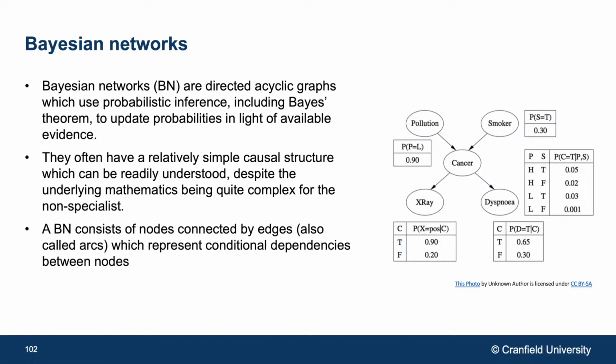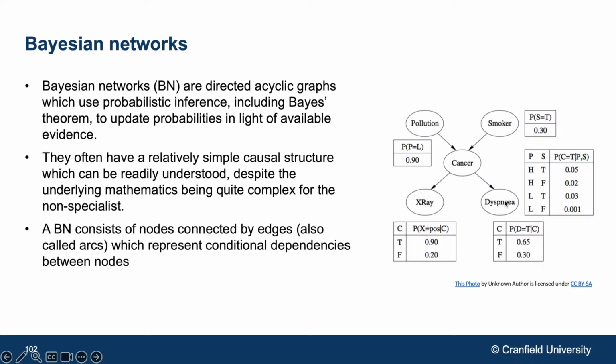Coming up with a structure for a Bayesian network can be relatively straightforward. This is an example from textbooks that you'll always find in Bayesian network textbooks, using a medical causal diagram. It's saying the probability of being exposed to pollution, the probability of being a smoker, and then the patient having cancer. Then we have the probability of that being identified in an X-ray, the probability of the patient having shortness of breath, and so on.